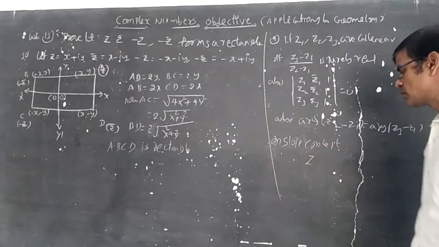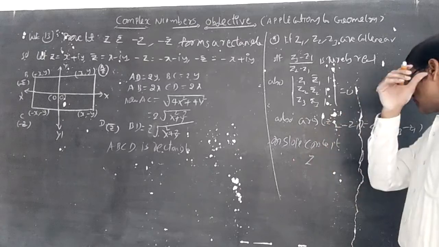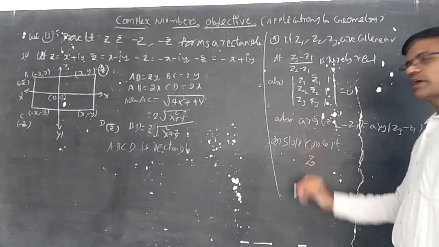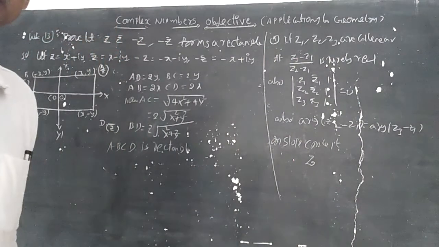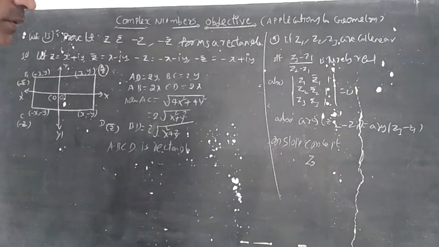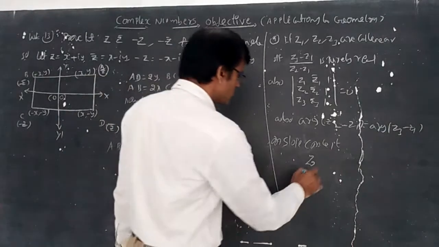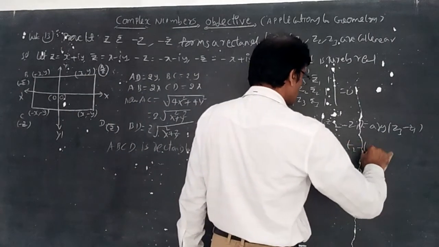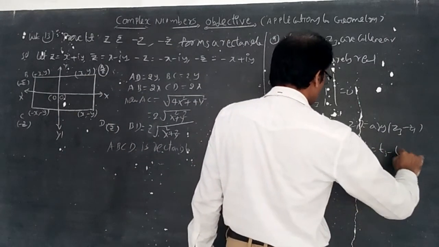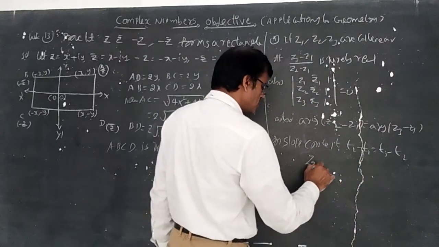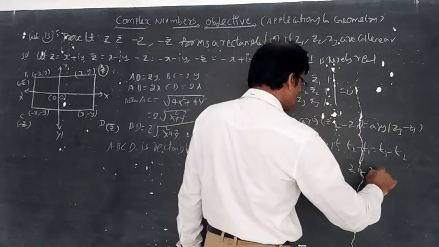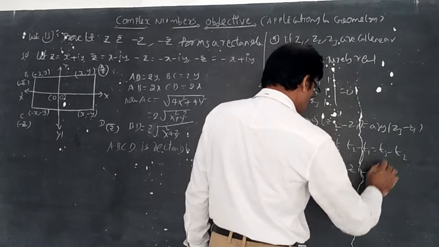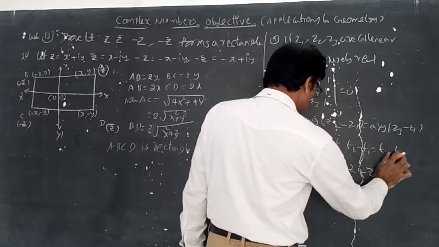Slope concept means here t2 minus t1 equal to t3 minus t2. Try to understand: so here z2 minus z1 is equal to z3 minus z2.